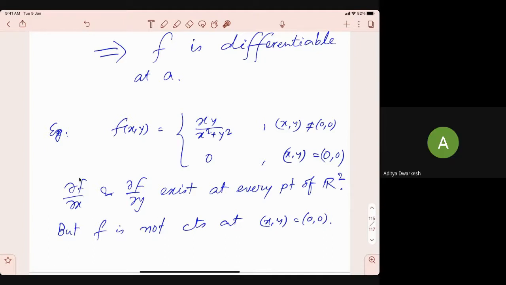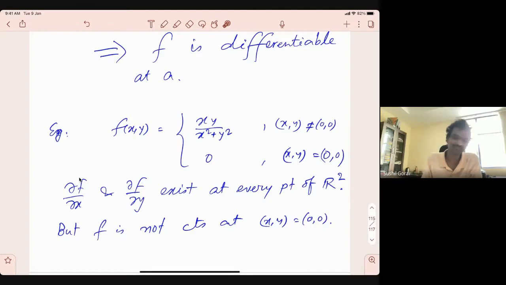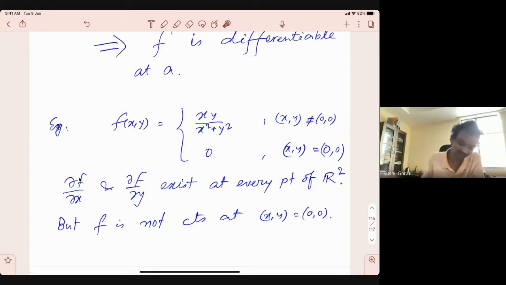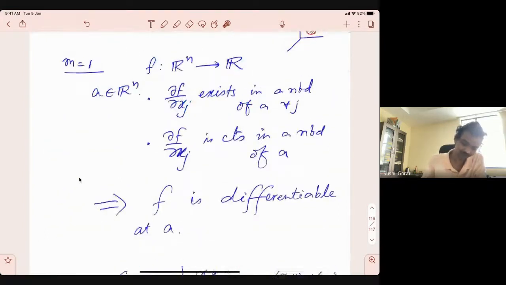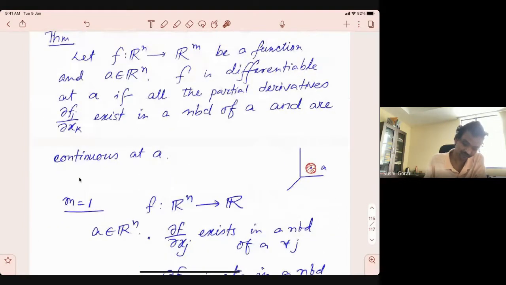So to say this is the derivative, we need an extra assumption, which is continuity of the partial derivatives. So here what we need is the existence in a neighborhood and continuity at a. Continuity at a would give things. All right.